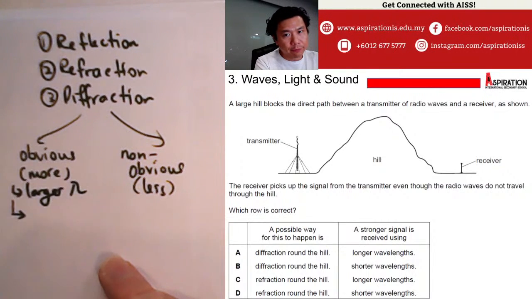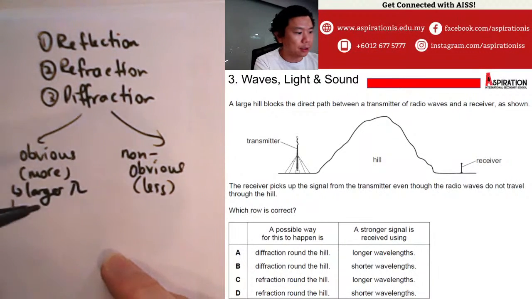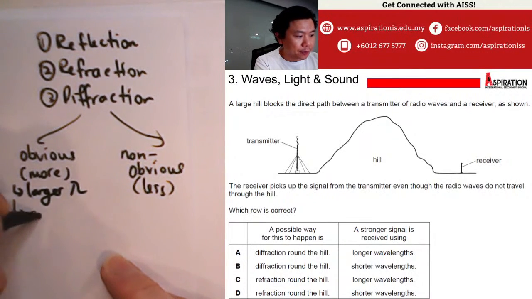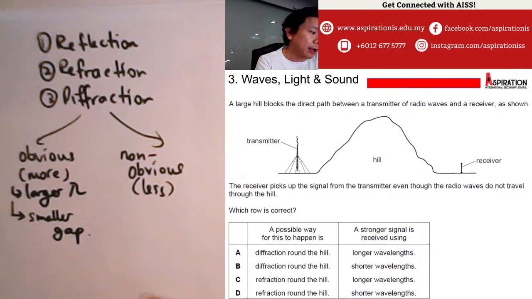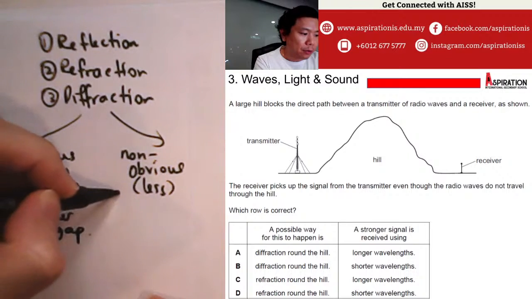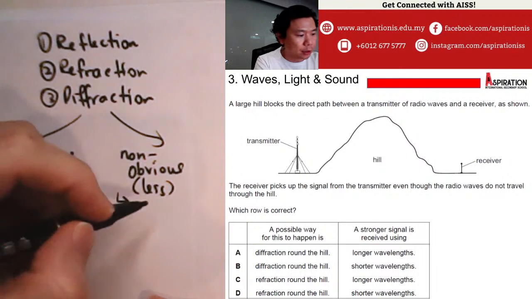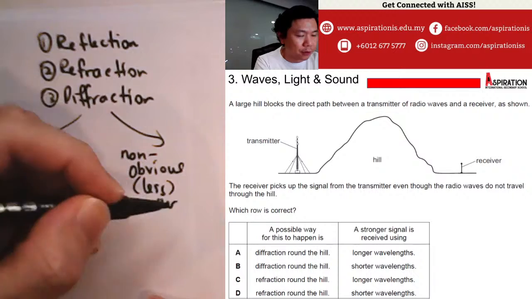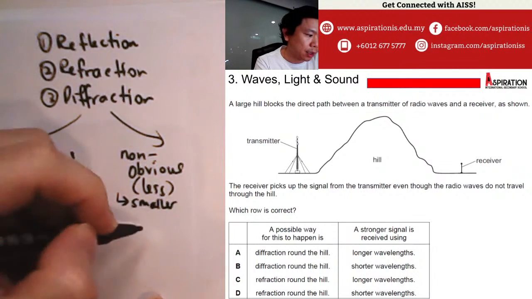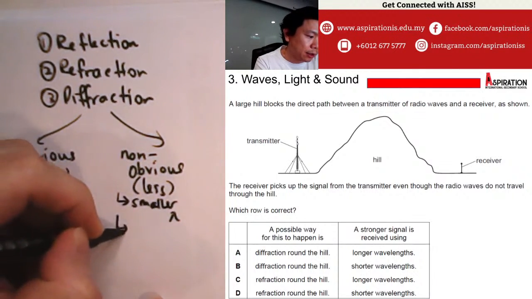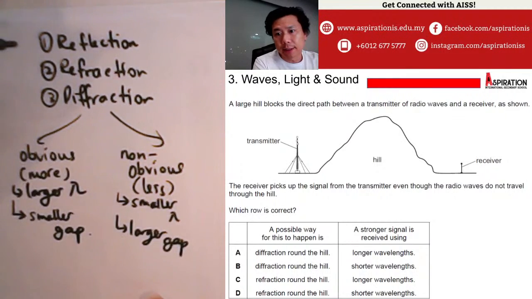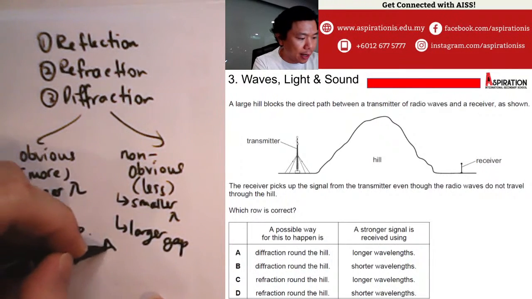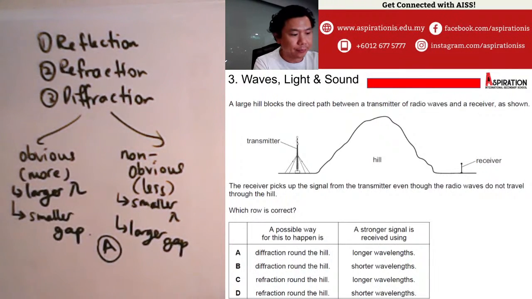If you're talking about gaps, which is the more common question on diffraction, you would rather have smaller gaps. Now, if you are going for non-obvious diffraction, then definitely you just write the converse, which is smaller lambda and a larger gap. So Jared is right. In this case, the answer is A. Well done.